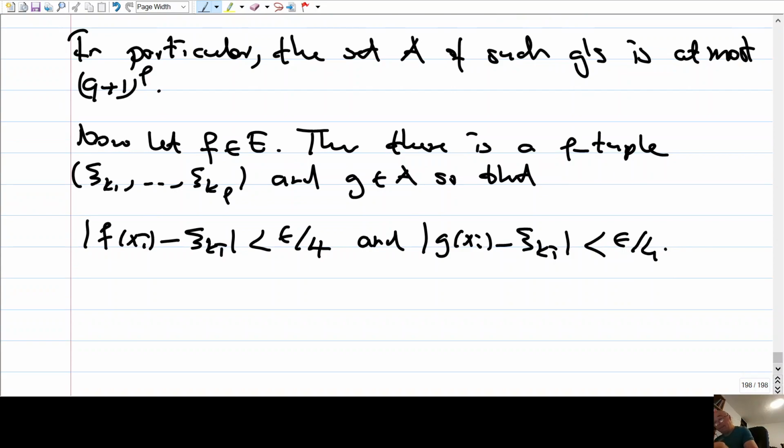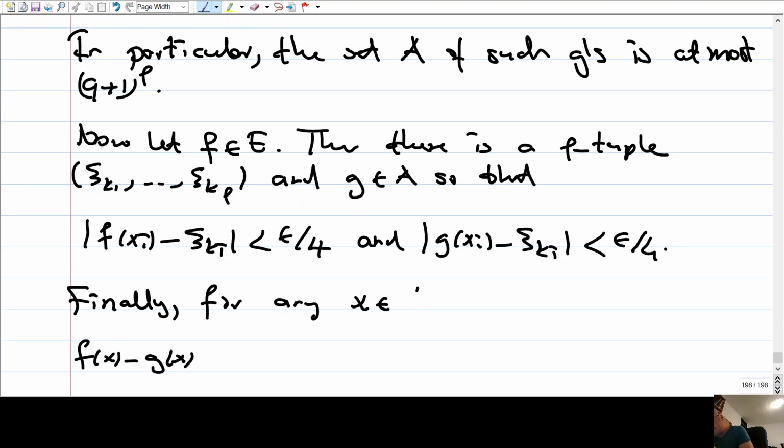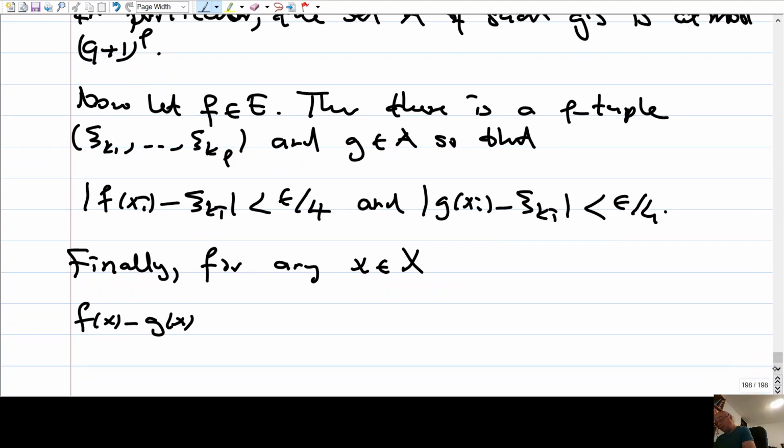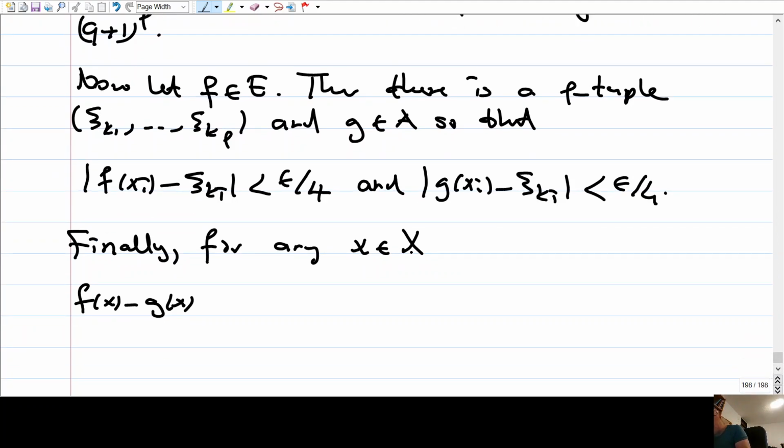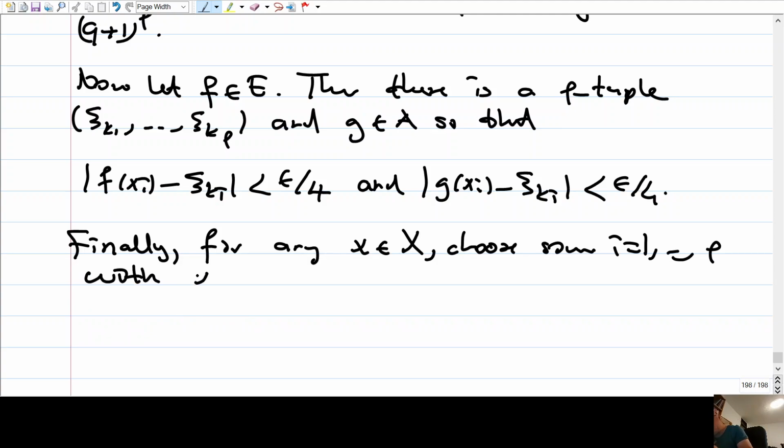Now finally, f of x minus g of x. For any x in X, choose some i from 1 to rho with x in the ball B(x_i, delta).